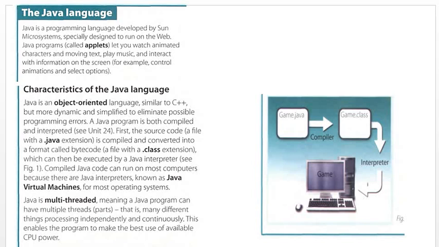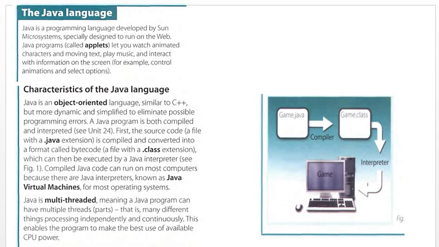Java is object-oriented. What is Java? An object-oriented language similar to C++, but more dynamic and simplified to eliminate possible program errors. A Java program is both compiled and interpreted.